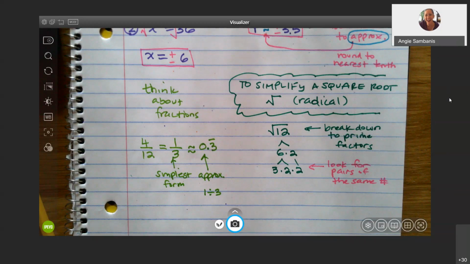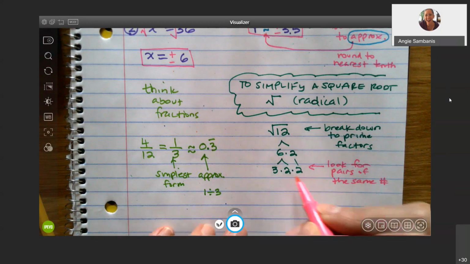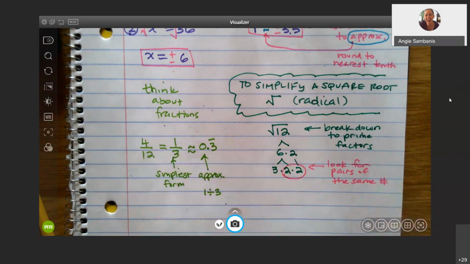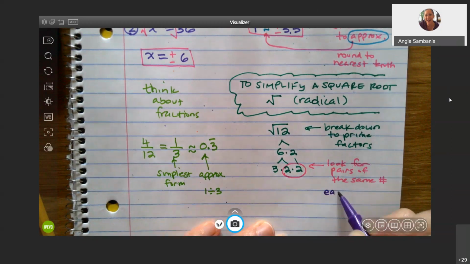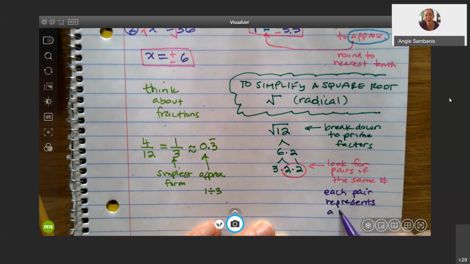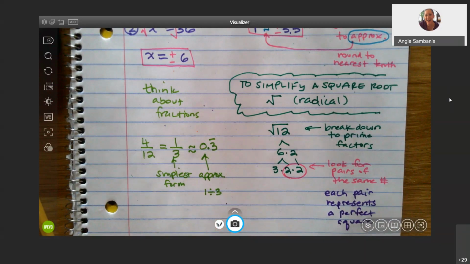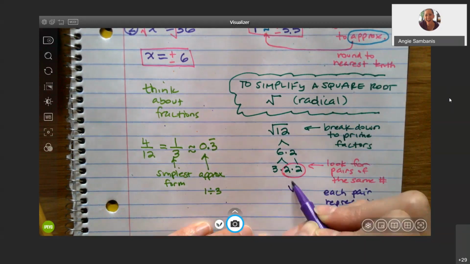So we're going to look for these pairs of numbers because these pairs represent a perfect square. So what we're doing is we're looking for perfect square factors of what's under the radical, right? 2 times 2 is 4.